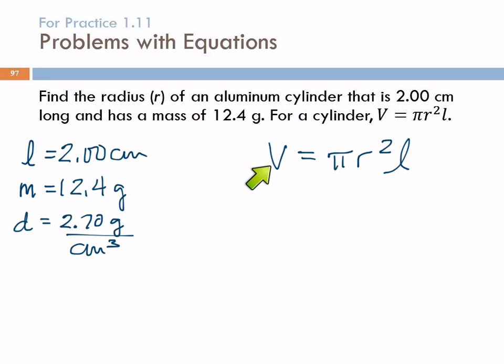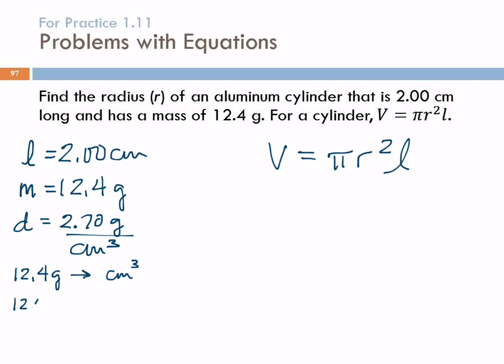So we need the volume, and then we can rearrange this equation and find the radius. So let's find the volume using dimensional analysis. We can go from the mass, we can go 12.4 grams to cubic centimeters because we know the density.